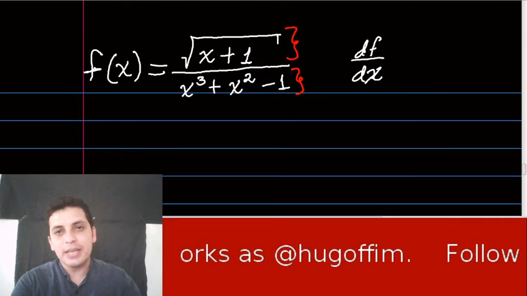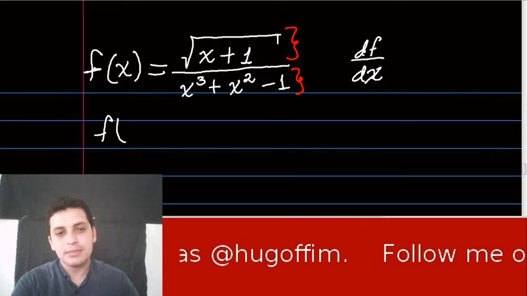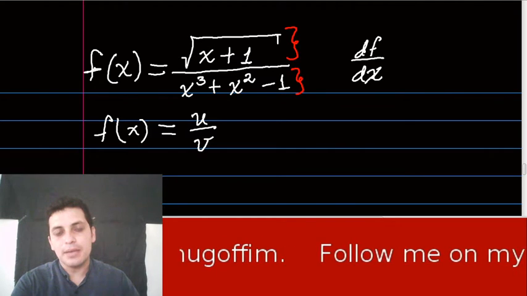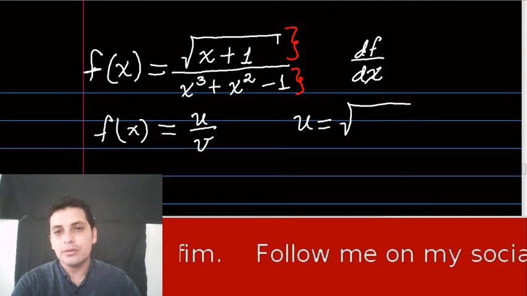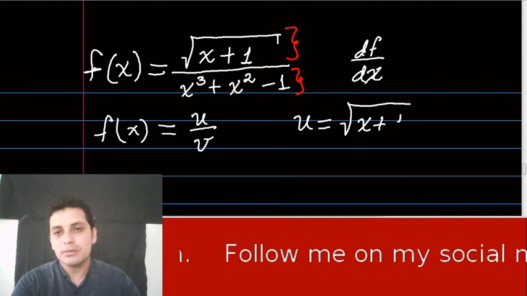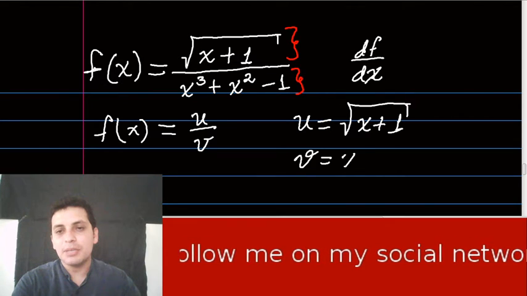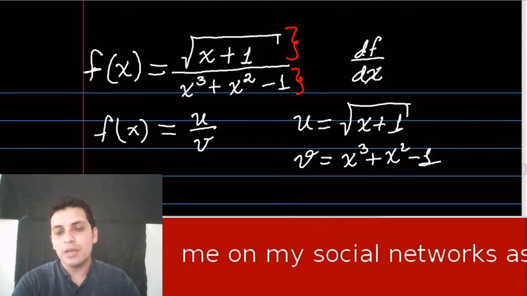So we can see that this function could be expressed as u over v. So u will be the numerator, x plus 1, and v will be the denominator, x cubed plus x squared minus 1.